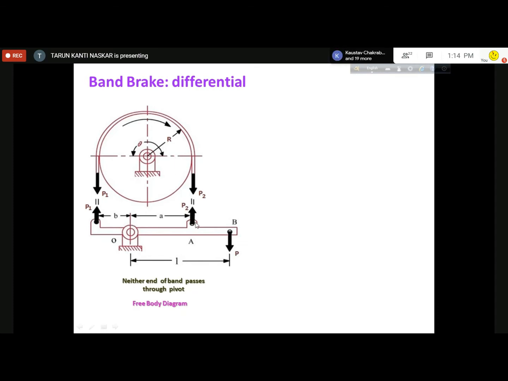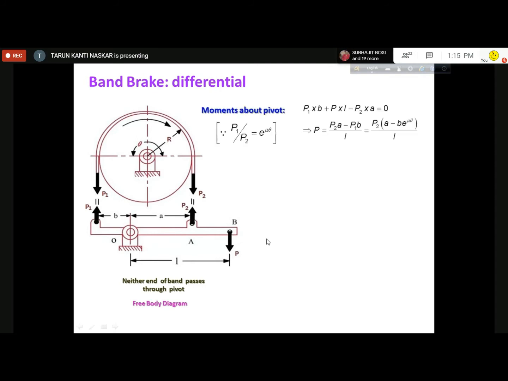Now these are the dimensions: P2, P1, L, A, B and theta. So neither end of the band passes through the pivot, and that is a differential band brake. Why the term differential comes, you will see in the equation.